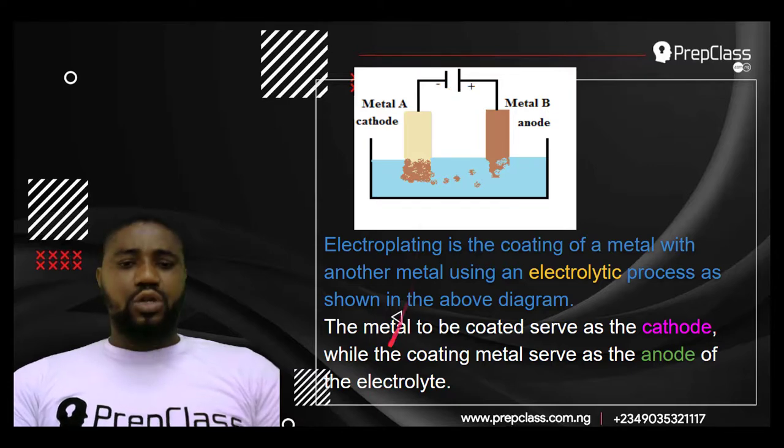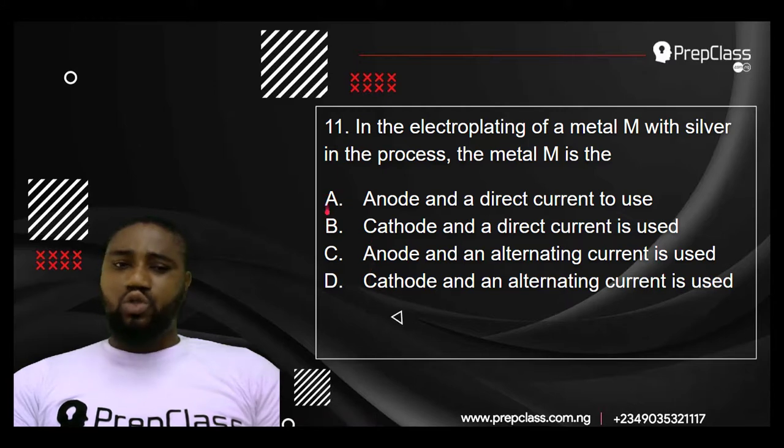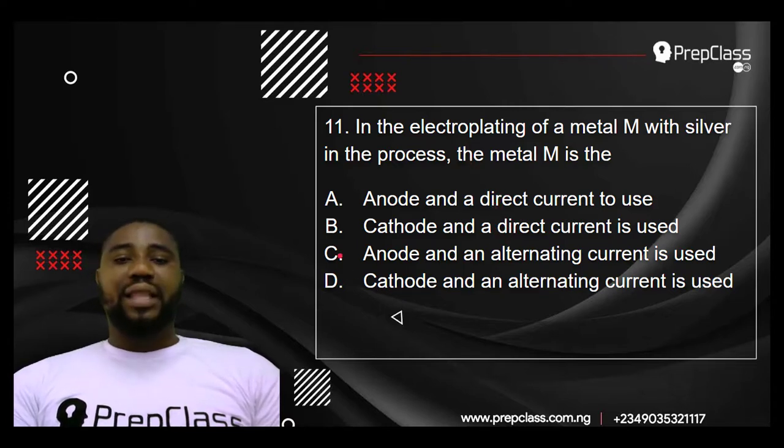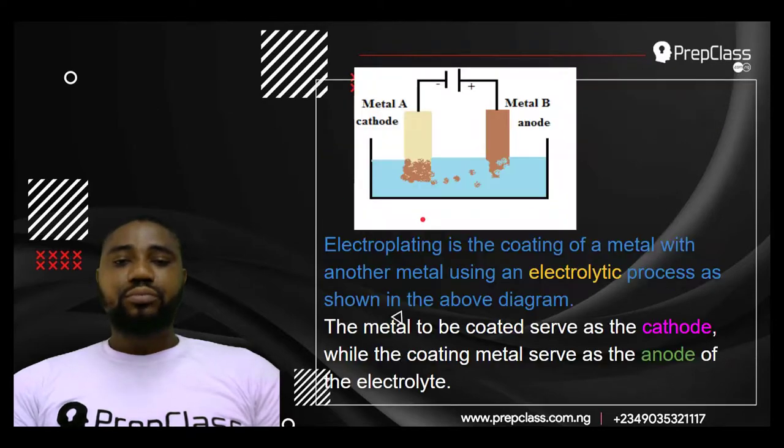So options C and D will not go because they said alternating current. In electroplating, it's a direct current that is used. So we'll forget about options C and D, and concentrate on A and B to select the best answer.